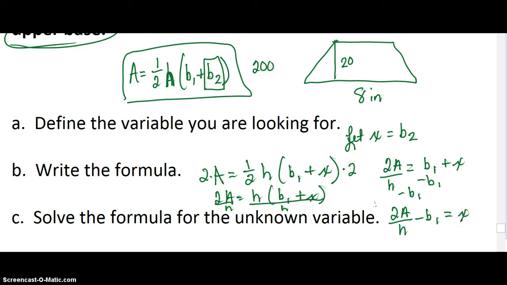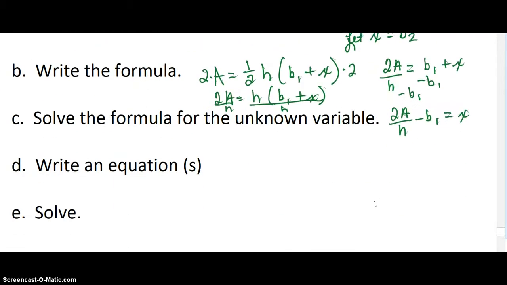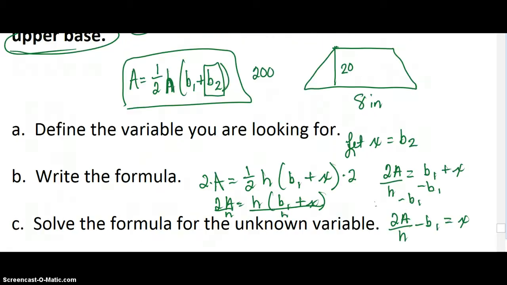Okay, we already know that x is going to be our base 2, so then we can just plug everything in. It says it has an area of 200 square meters, so we'll plug that in for A. So 2 times 200 divided by the height. Go back up to your equation.